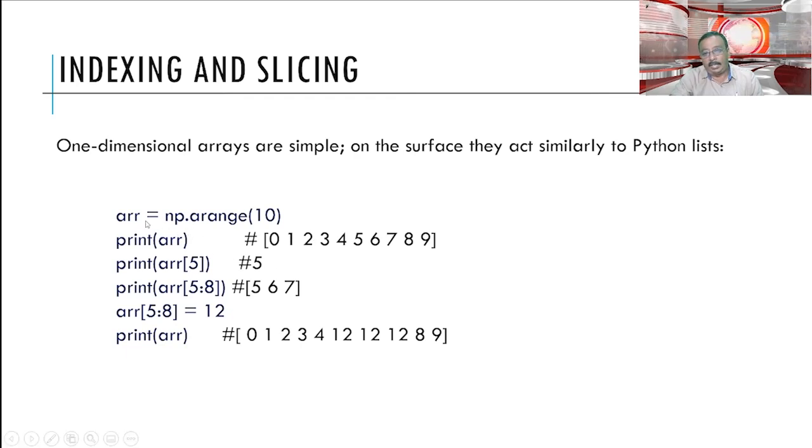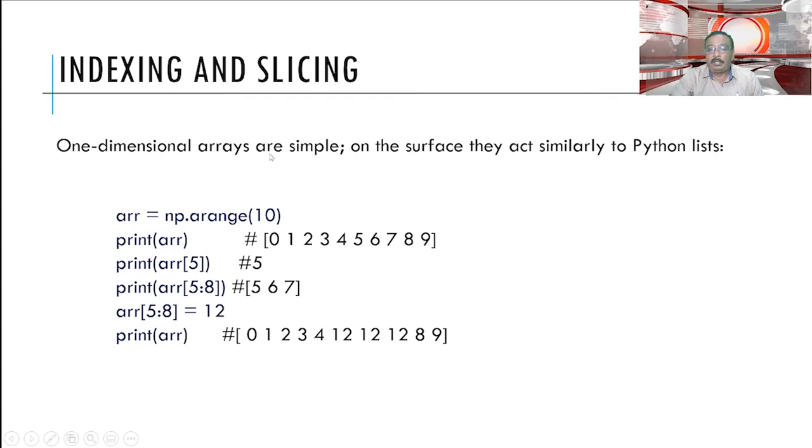We are creating an n-dimensional array, np.arange(10). It is going to create 0 to 9, some 10 elements. We can print the array, and we can print position 5. Print array[5], the fifth position, that is position 0, 1, 2, 3, 4, 5, so at the fifth position we are going to have the value 5.